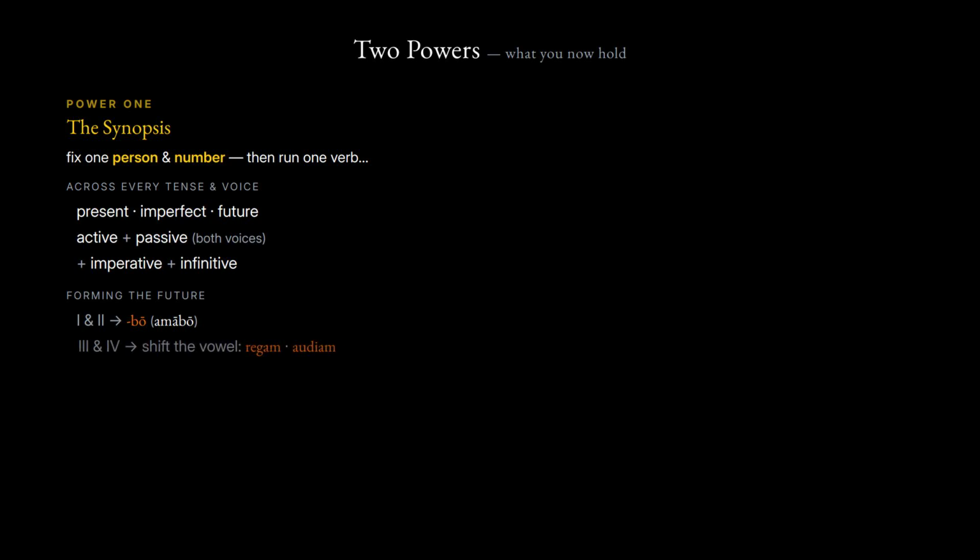Gather it together. You now hold two powers. First, the synopsis. Fix a person and number, then run any verb through present, imperfect and future in both voices, plus its command and its infinitive. The first two conjugations build the future one way, the third and fourth shifting the vowel instead. Second, the ablative that means from in three rules.